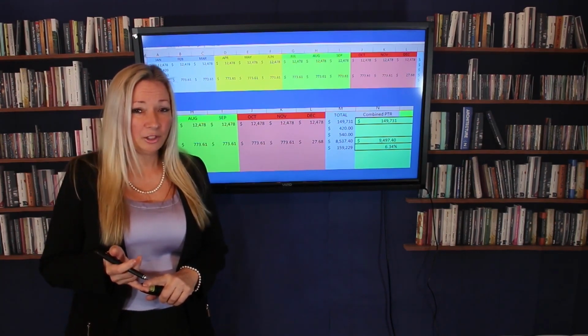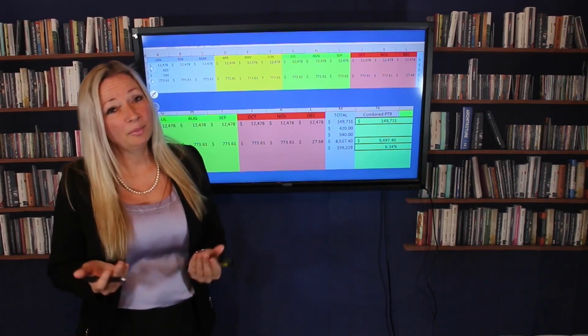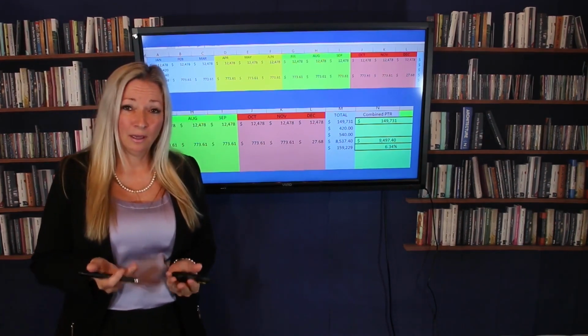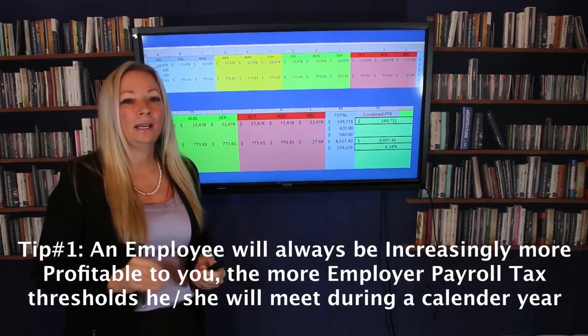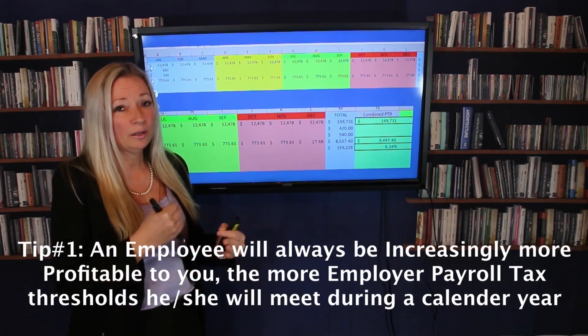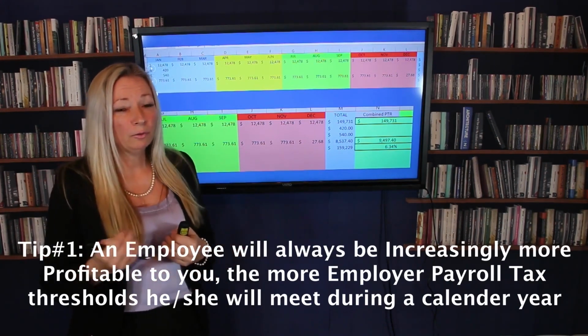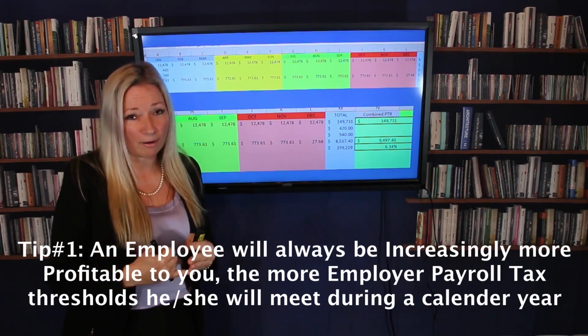The reason it's a challenge is because when you have W-2 labor, you're also having to pay employer payroll taxes. Employer payroll taxes are not flat, they're dynamic, and it depends on how much that person has earned cumulatively for the year, which determines when those taxes drop off.